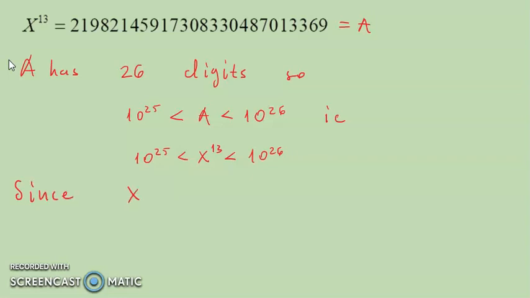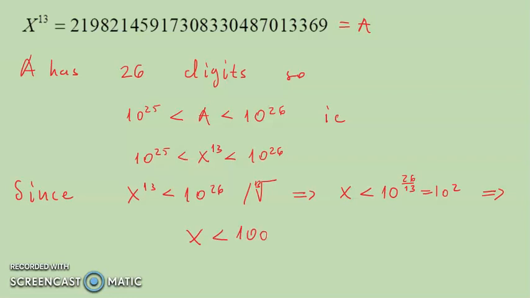Since x^13 is less than 10^26, we can take the 13th root and we get x is less than 10^(26/13), which is 10^2. So this implies x is less than 100. This is a nice bound. So we already found the upper bound.